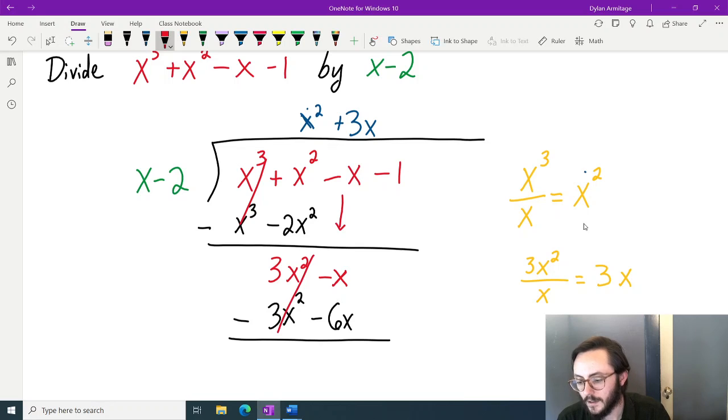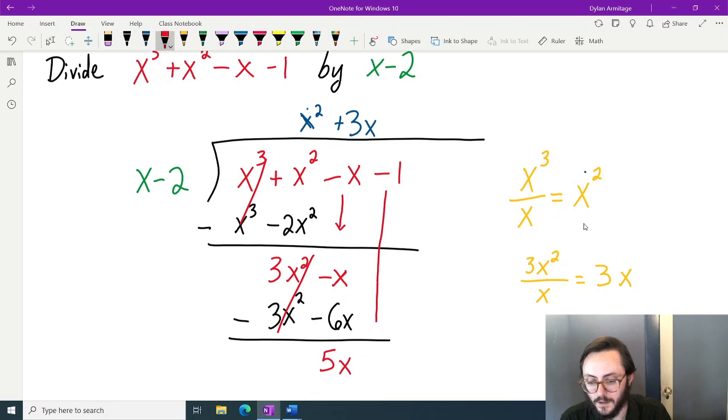Okay. 3x squared minus 3x squared cancels out, quote unquote. Negative x minus negative 6x is going to be positive 5x. Because negative 1 minus negative 6, negative 1 plus 6 equals positive 5.